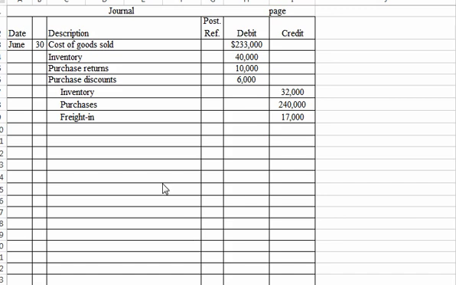And that takes care of it. That takes off the books these accounts that we're only tracking purchases and purchase information throughout the year with. Takes freight in off the books, purchases. Takes beginning inventory off the books. Those accounts are gone. Purchase discounts for the year is gone from the books. So are purchase returns.